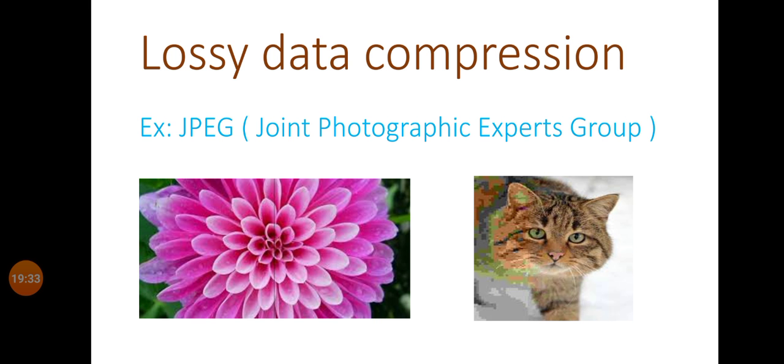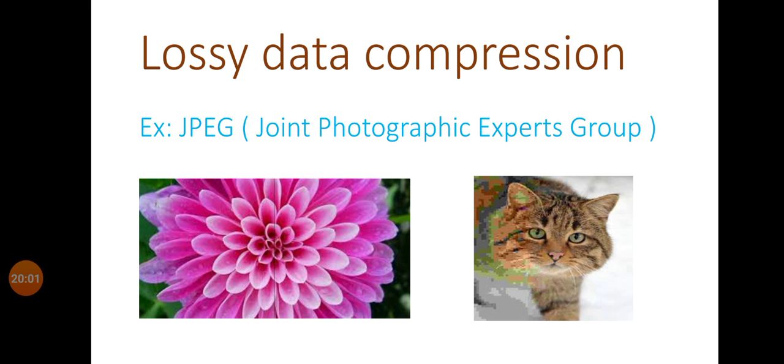Now come to lossy data compression. A lossy data compression scheme produces a compressed file from which only an approximation to the original information can be recovered. Whenever we compress any file using a lossy data compression technique, later we can uncompress it.